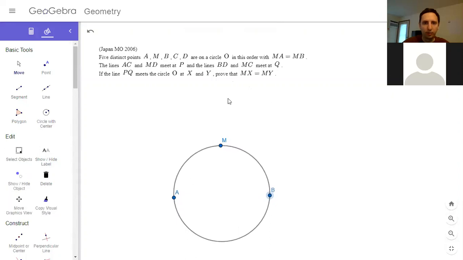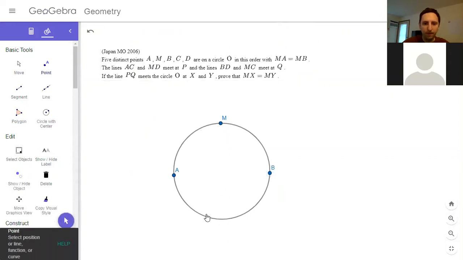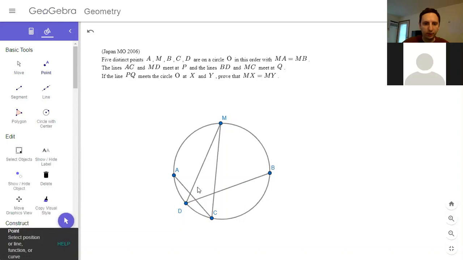And then they're A, M, B, C, and D. AC and MD meet at P. And then BD and MC meet at Q. Those are P and Q.